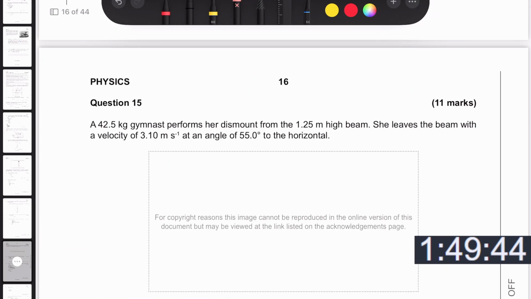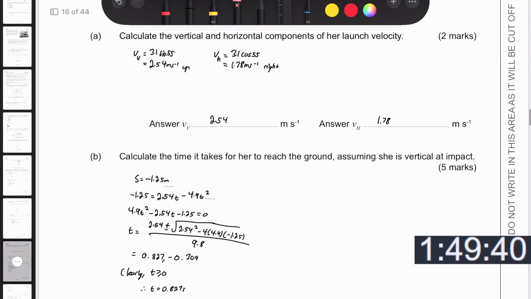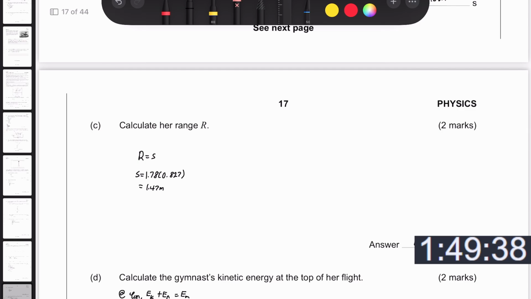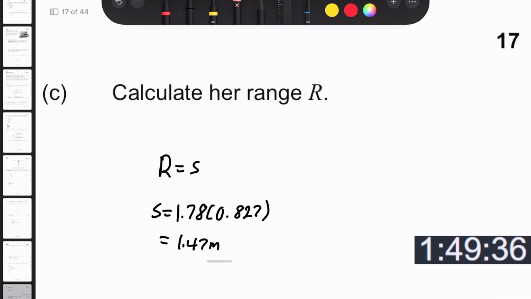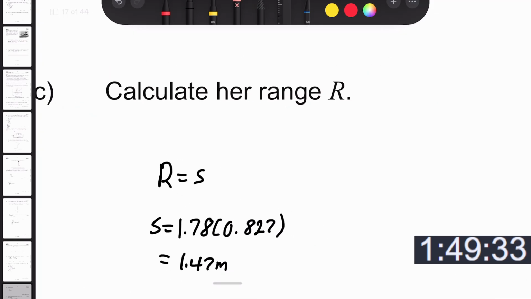Wait, so I have to find how high she jumps up. Wait, is range R at the top? Is it the top of her flight? Okay.